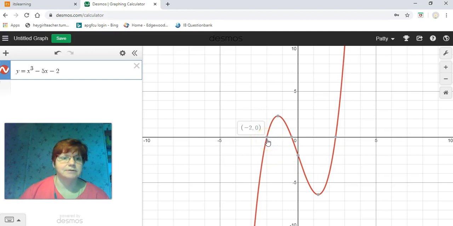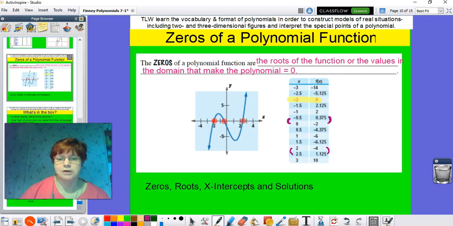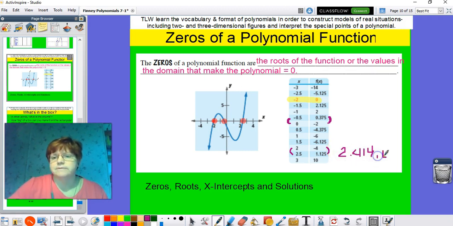So there's my 0, a relative max right there, a relative min right here, and another 0, 2.414. If we go back to our answer, we said it would be between 2 and 2.5, so we've got 2.414.